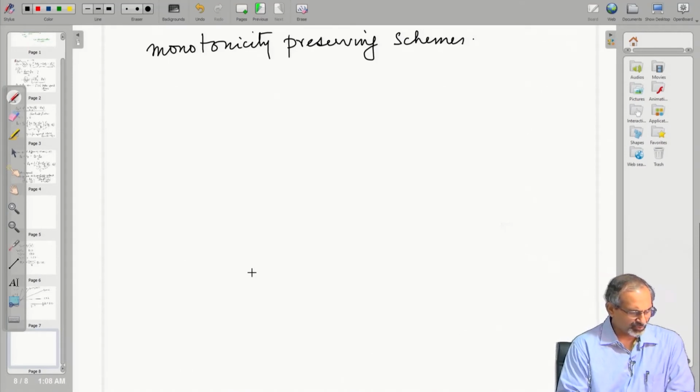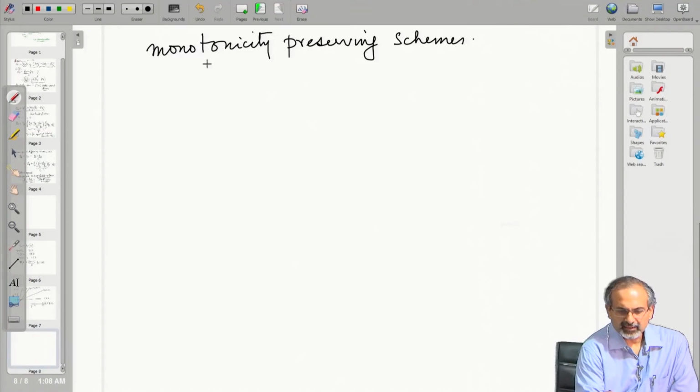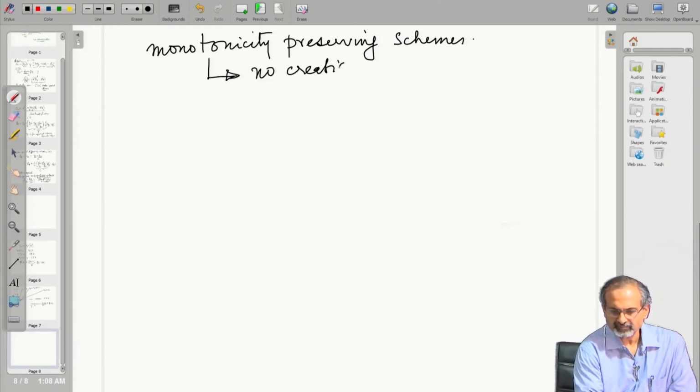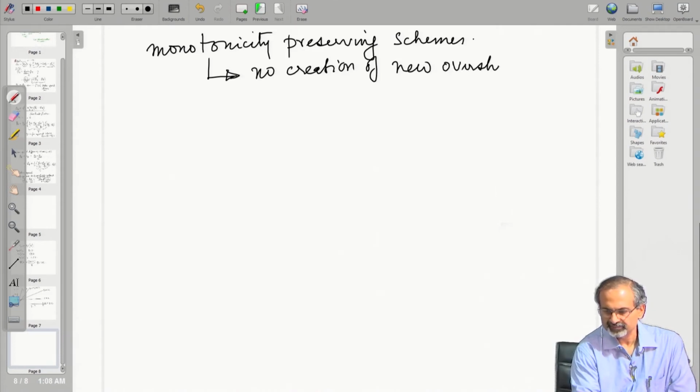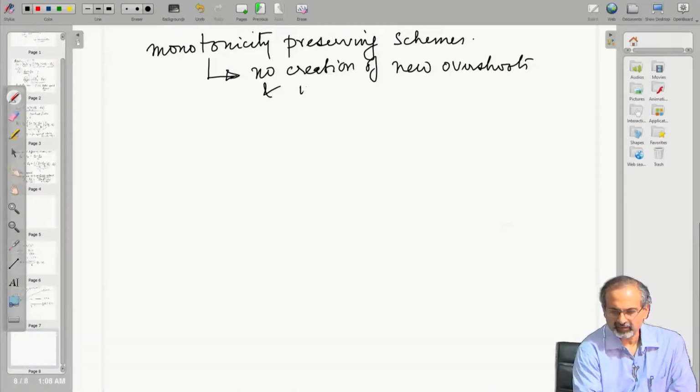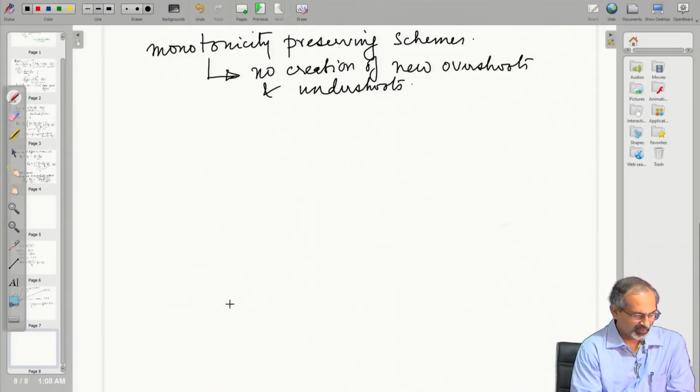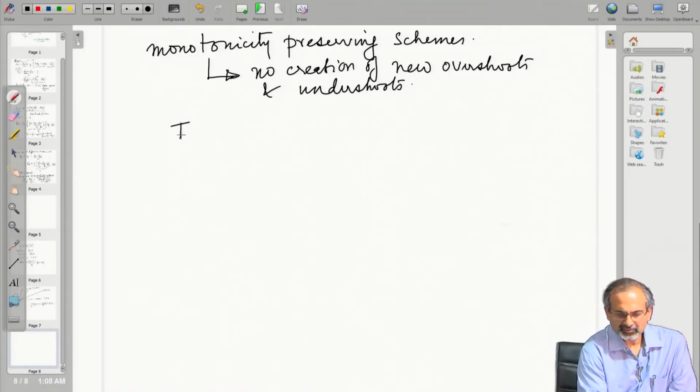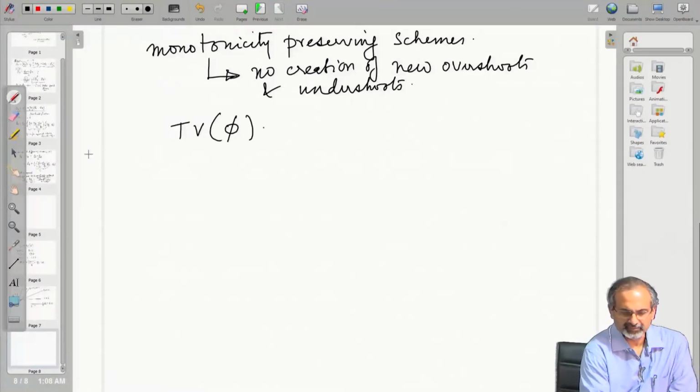All right. So, this brings the idea that if such a property is actually satisfied by a numerical scheme, there would be no creation of new overshoots and undershoots. This brings in the concept of total variation of a variable phi.